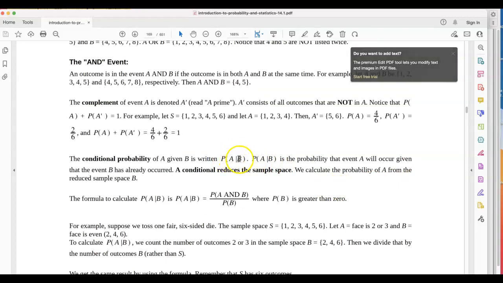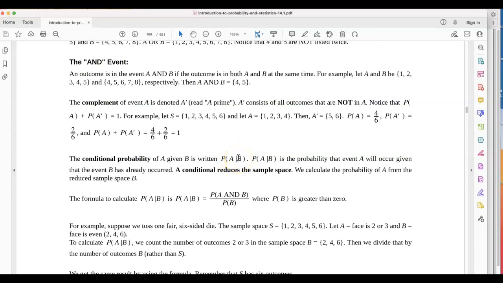P of A given B, with a slash meaning the word given. That means that B has already occurred, and so that's going to be our denominator, the probability of B occurring. Now the top is going to be A and B. That's when they do A and B together. That'll be our numerator part.